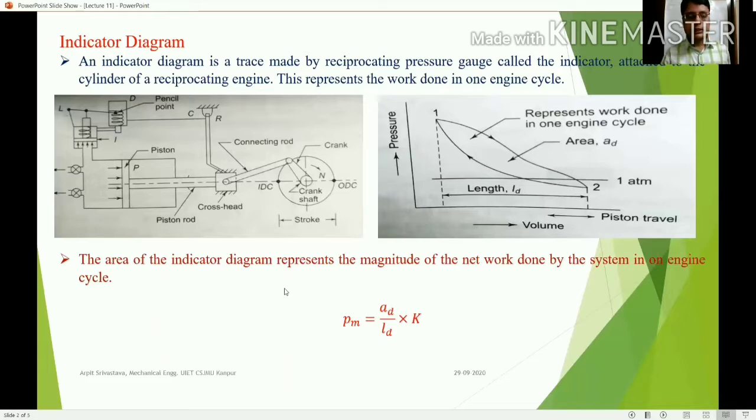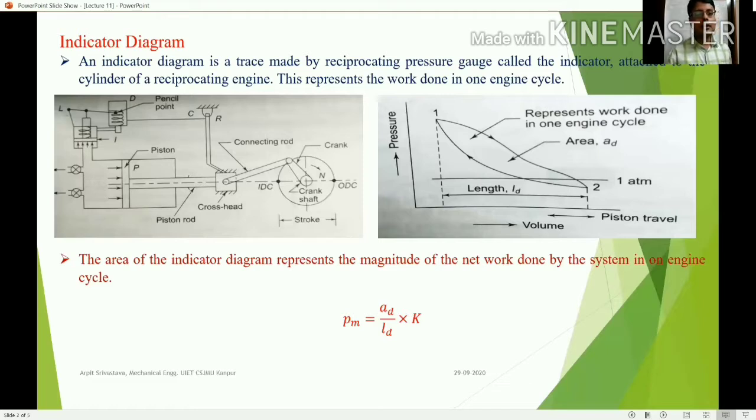By calculating this AD and LD, we can define some parameters. The first important parameter is mean effective pressure. So what is mean effective pressure? Mean effective pressure is defined as AD upon LD multiplied by K. This K is the stiffness constant of the indicating spring which is placed in this piston. We know that F equals Kx is the force equation for a spring where K is the spring constant.